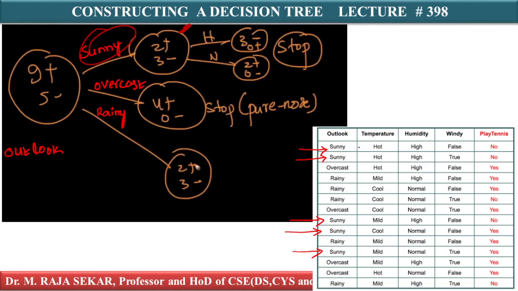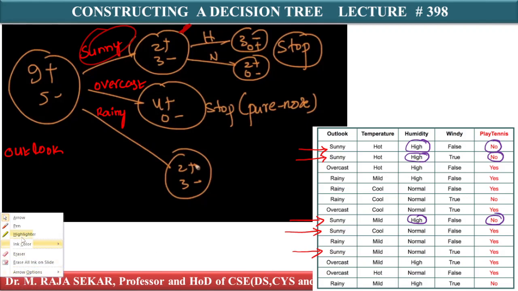For humidity, what are the possible values? I have high as well as normal. How many highs are there? 1, 2, 3. Just check these highs. All the labels are no, meaning negative. You are getting 3 negative, 0 positive. All positive or all negative means it's a pure node.